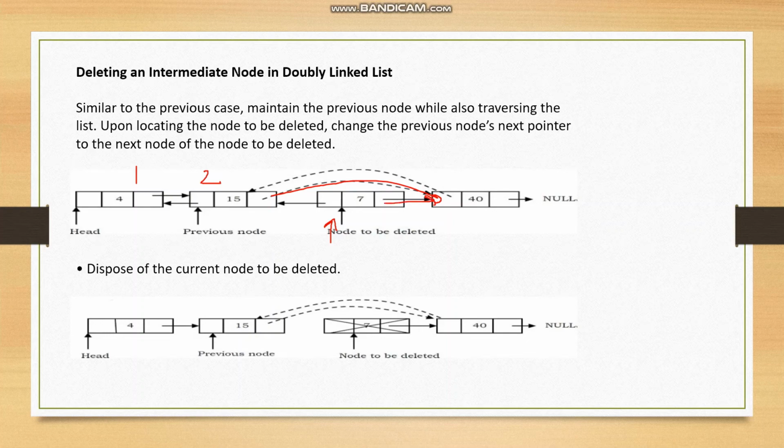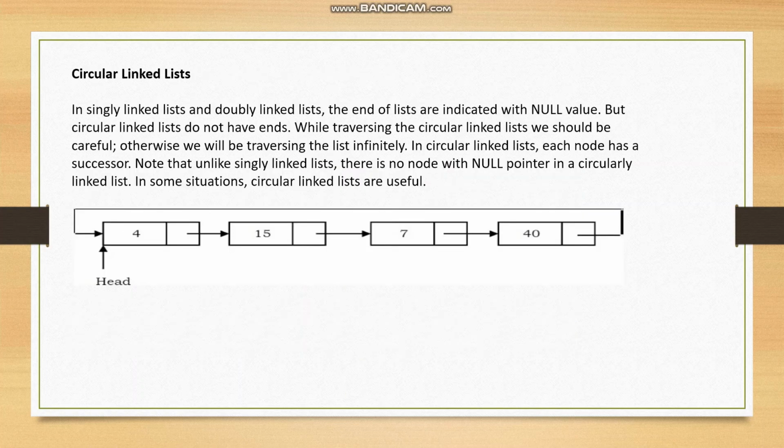Then we will point the previous of this fourth node to the second node of this linked list, and then we will have to set the previous and next pointers of this third node to null. So we will assign previous of this third node to null, and next of this third node to null, and this node will be released, and then we can delete this node.